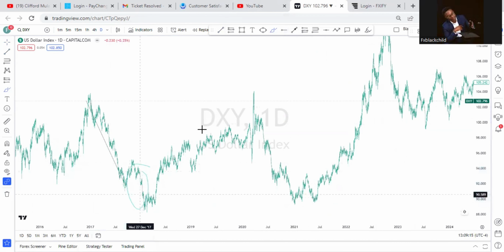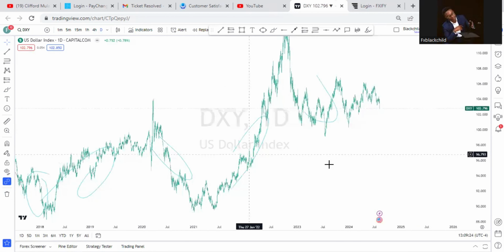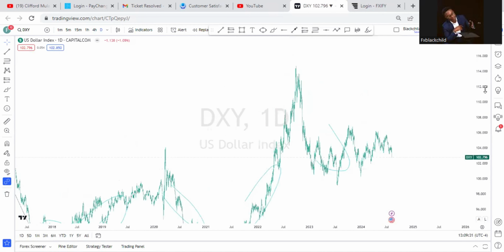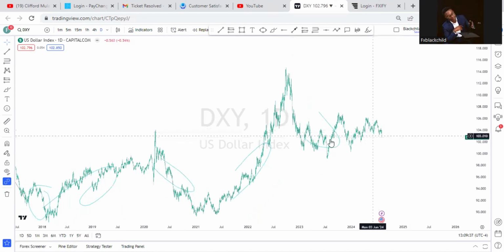And then the dollar started pushing up, then down, then up, then down. And right now the dollar is trading around 102. So the question should be, is this area where the dollar is trading a new area?